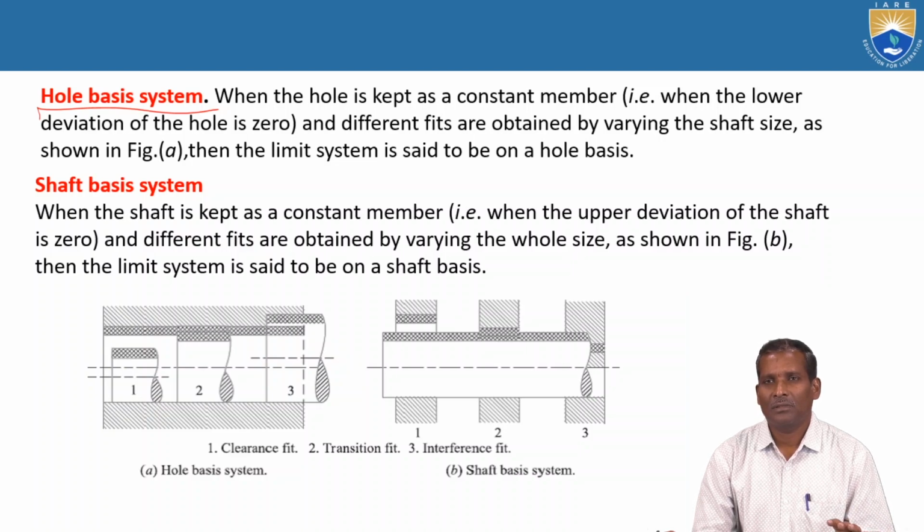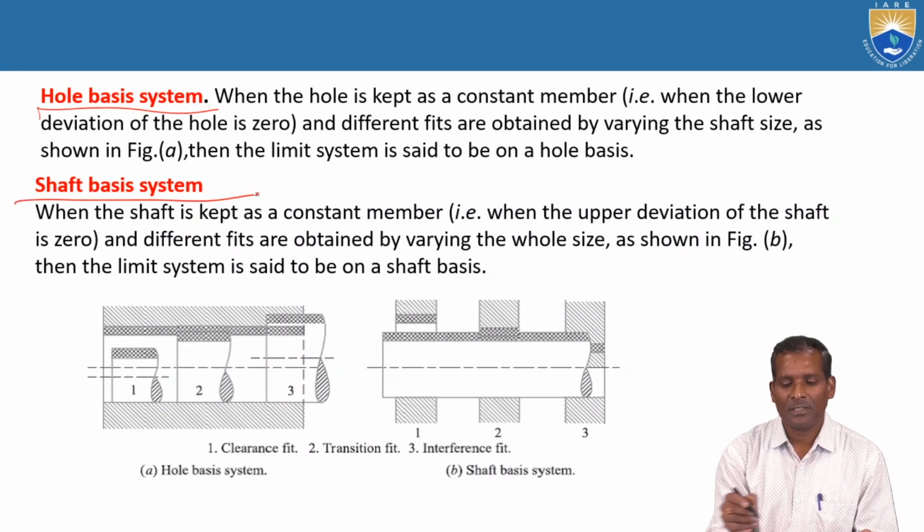Here different types of fits are obtained by varying the shaft size. The hole size is constant, there is no change. So different fits are obtained: clearance, transition and interference fit. I will explain what I mean by fit in the coming slides. Then the limit system is said to be a hole basis system.